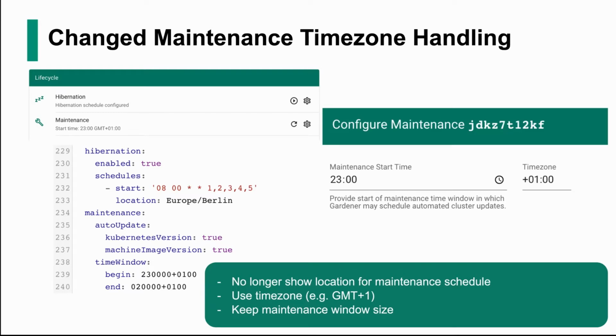So in the old UI, we tried to calculate when this maintenance would happen in your local time zone and showed your local time zone next to the calculated begin time. But this caused some kind of confusion, so we now decided that we really show what is defined in the YAML.